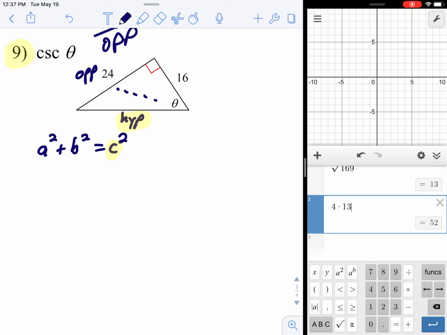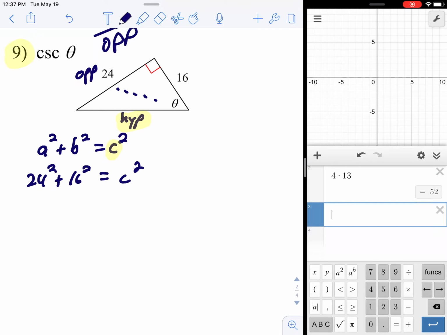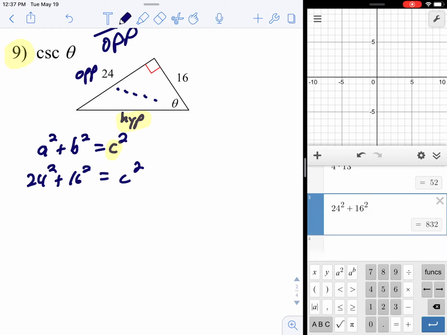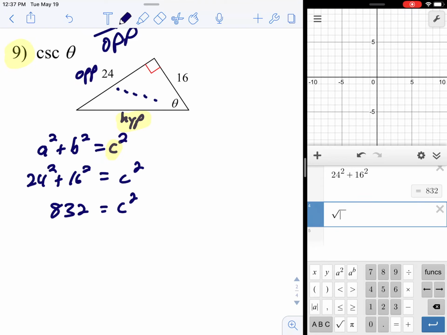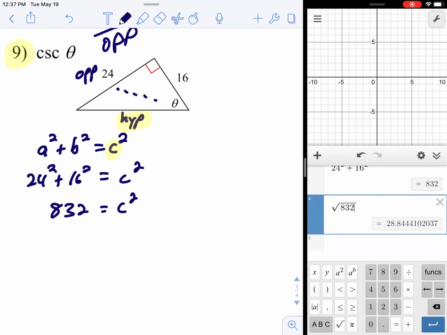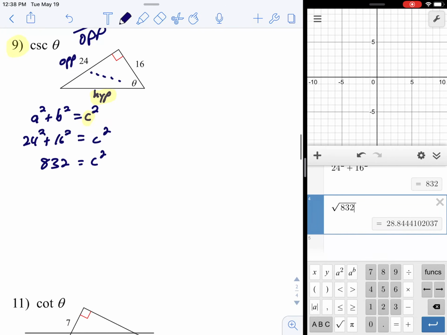So we have to do 24 squared plus 16 squared equals c squared. Let me do, on the calculator, 24 squared plus 16 squared. I get 832 equals c squared. So c is going to be the square root of 832, and look at that. You get a decimal, one of those decimals that goes on forever that nobody likes.